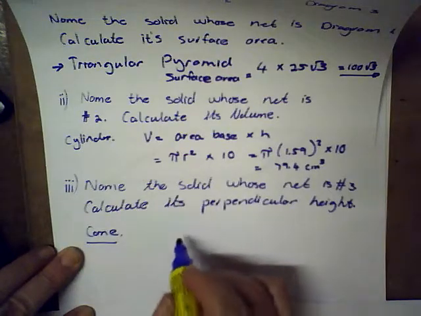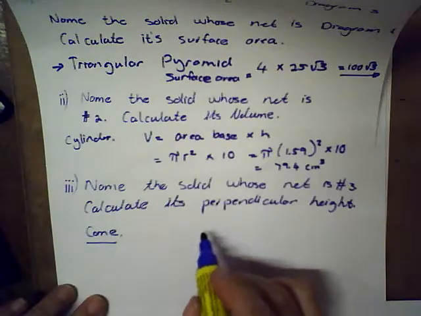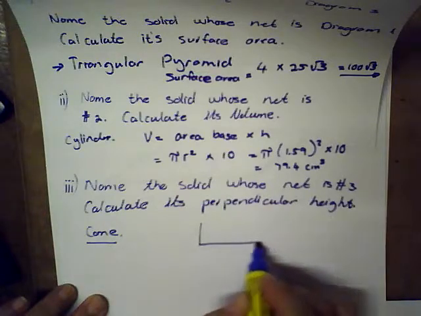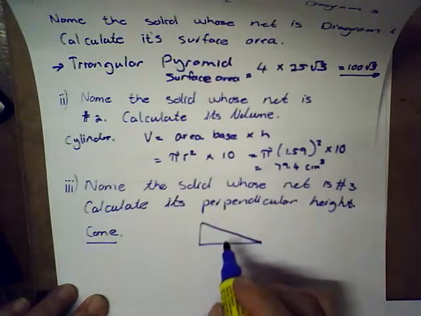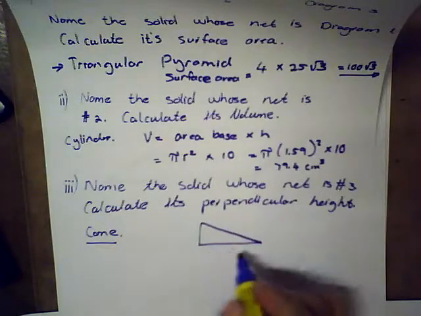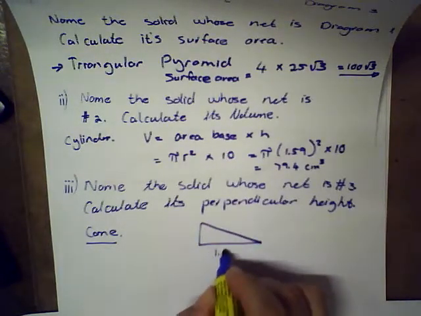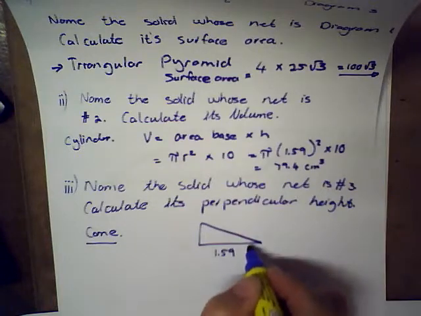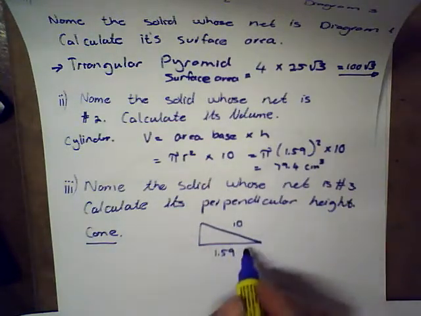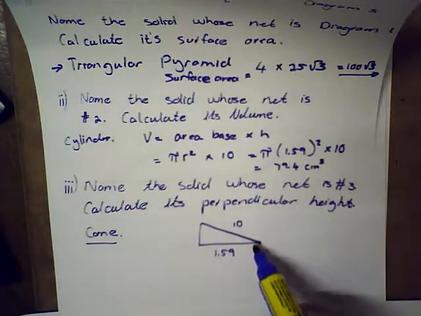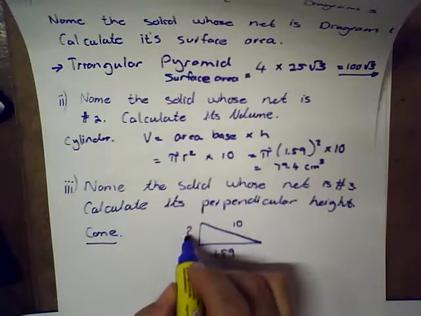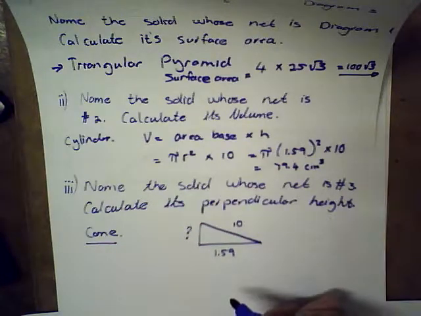Okay, and the perpendicular height would be this thing. It would look like that if we cut the cone in two. This here would be your radius, so it's 1.59. That leg over there would be the slanted height, the 10 centimeters. So we want to find this bit over there.